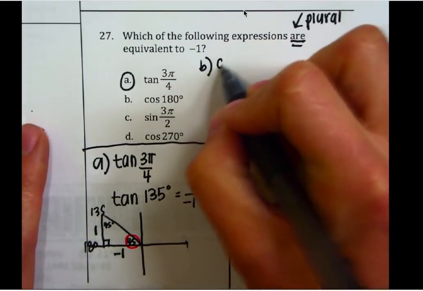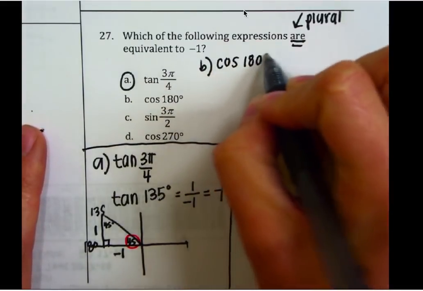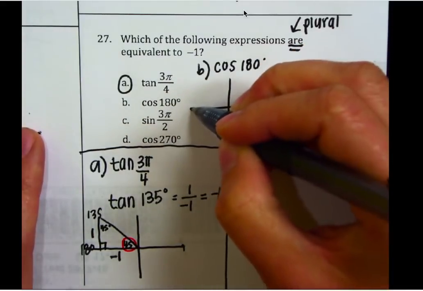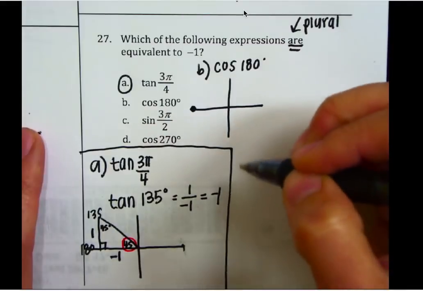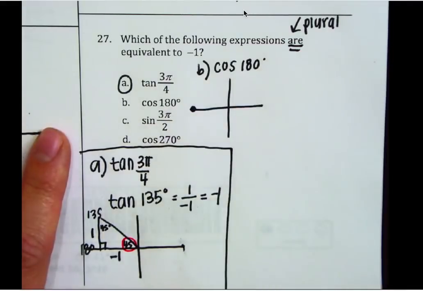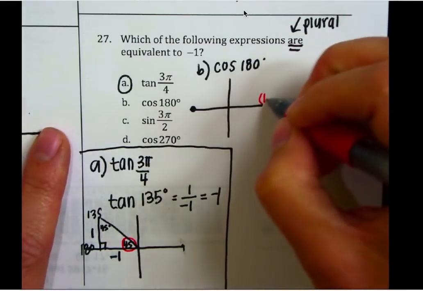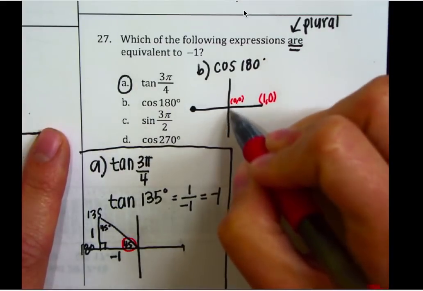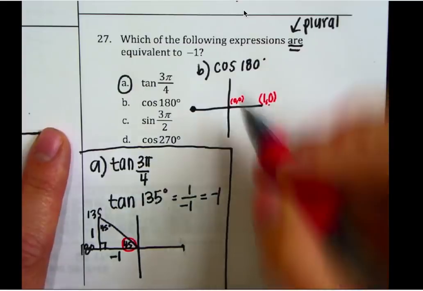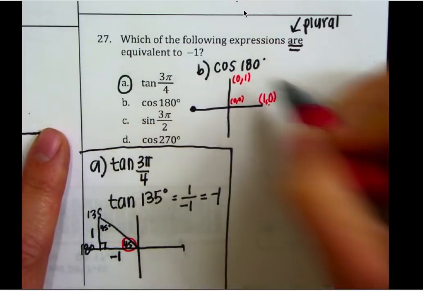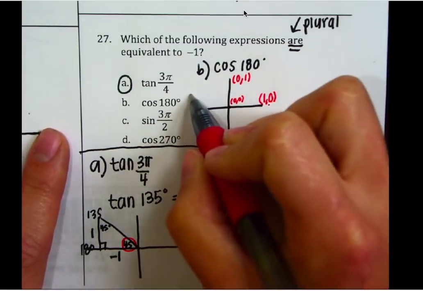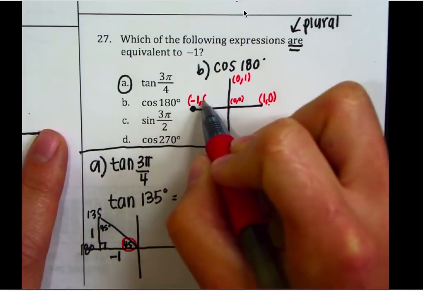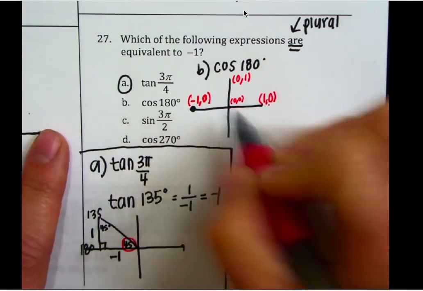B is asking for cosine of 180 degrees. So 180 degrees is going to fall on my major x-axis. And I remember my major axes have ordered pairs. So in the middle, the origin is 0, 0. Here's 1, 0. 0, 1 is up here at 90 degrees, which means that cosine of 180 degrees gives us this ordered pair.